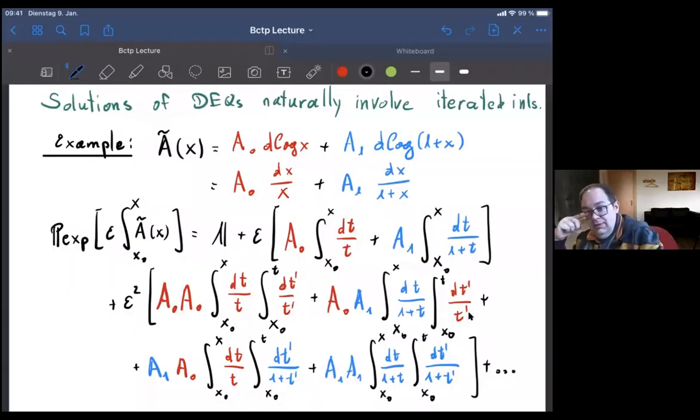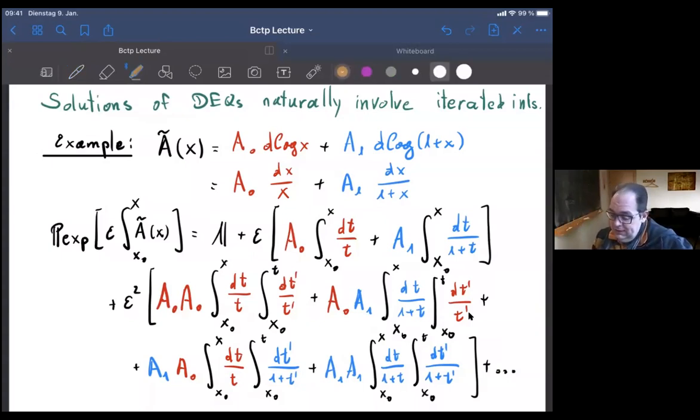Now I guess you can see that from what you've seen in the Mathematica notebook, this form of the matrices dx over x and dx over 1 plus x is precisely the form that you get for the massless box. So this form was not coming out of nowhere.